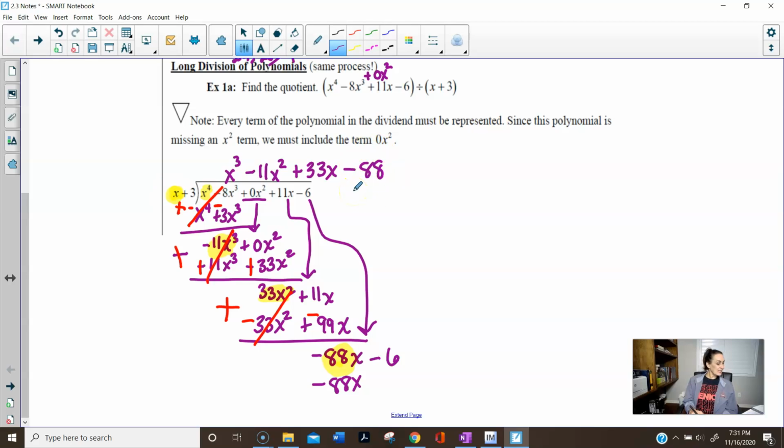And negative 88 times 3 is 264. Then we're going to change the sign. So subtract is plus the opposite. Those cancel. Negative 6 plus 264 is a remainder of 258.